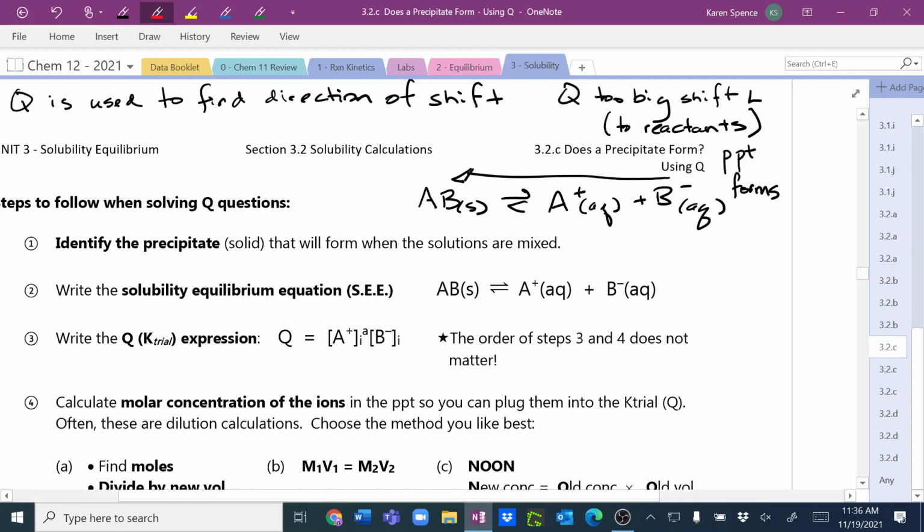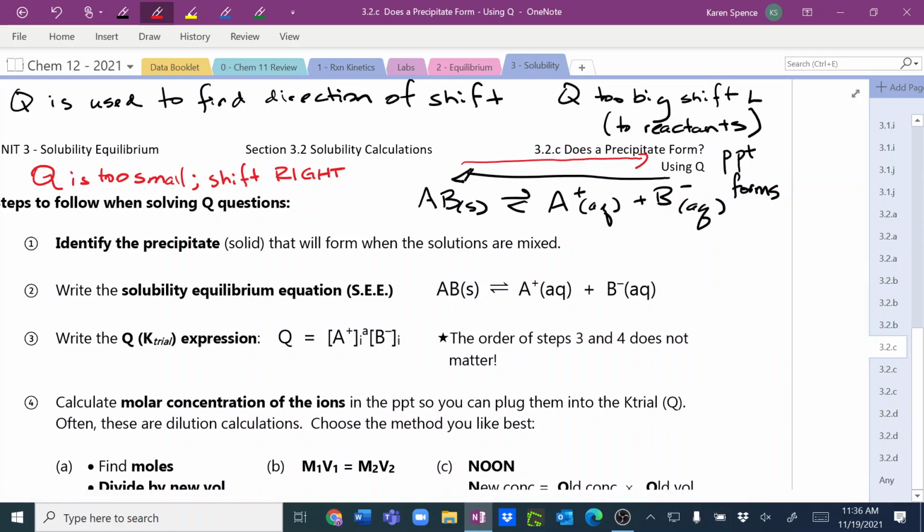What if Q is too small? It's going to shift to the right. And if it shifts to the right, will we get a precipitate?